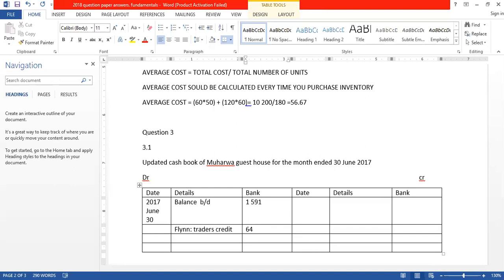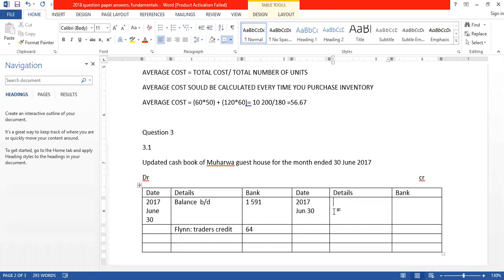After that, you compare the debit side of your bank statement with the credit side of your cash book. So let's compare. We have 2017, June the 30th. Now, looking on the credit side of our cash book and the debit side of our bank statement, we have 180 on both sides, so it's fine.